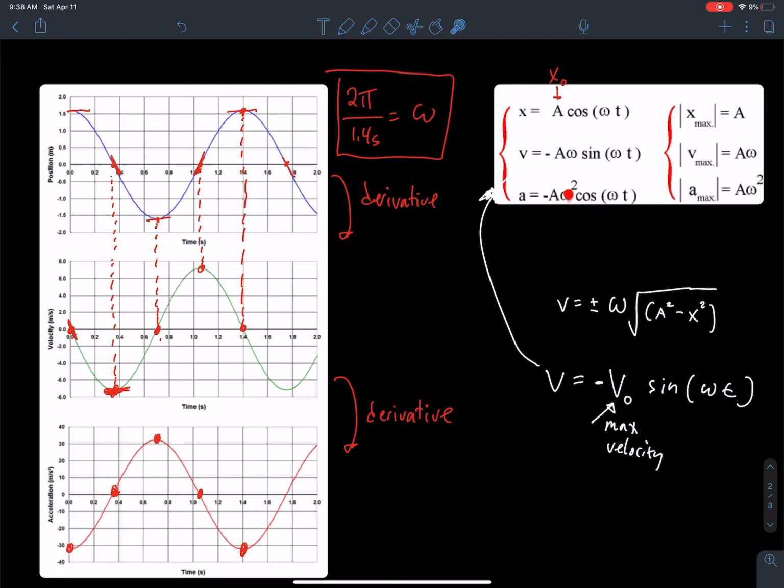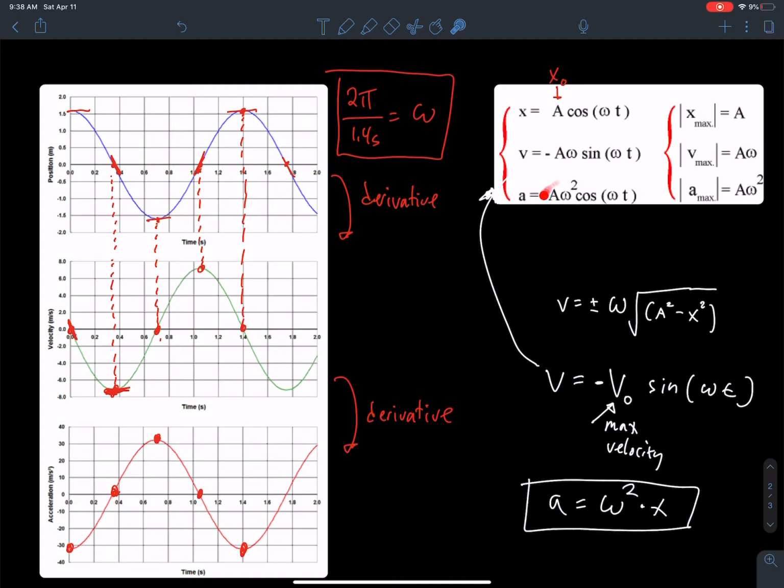And then why omega squared? Because the acceleration of anything undergoing simple harmonic motion, as we learned in the other one, is equal to omega squared times x. So omega squared times my amplitude, if x is my amplitude, is my maximum acceleration.